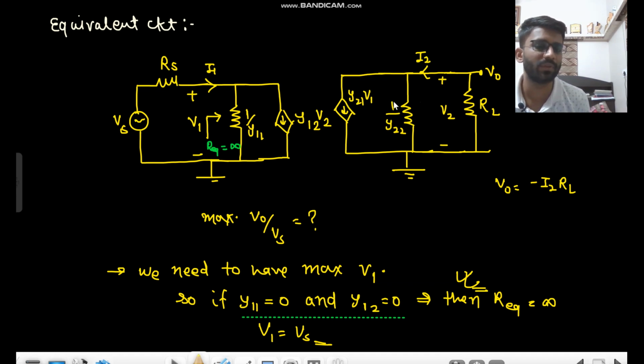No current will go through this resistance. We don't want any current to go to any other resistance. So 1 upon y22 would be infinity. So for that you need to make y22 equals to 0. So if you make y22 equals to 0, no current would be flowing through this resistance and the whole current will be flowing through the load resistance. So we will get the maximum value of v0 by vs.